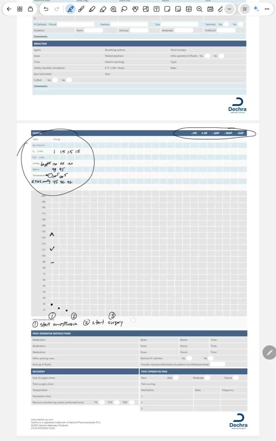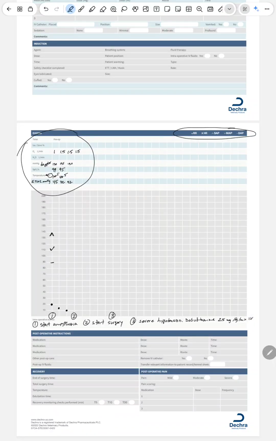Let's say we've got event number 3. And we have suddenly severe hypotension. Severe hypotension would suggest we need to do something about it, right? So you can finish that sentence, add in dobutamine at 2.5 mic per kg per minute, or however you're going to tackle that severe hypotension.